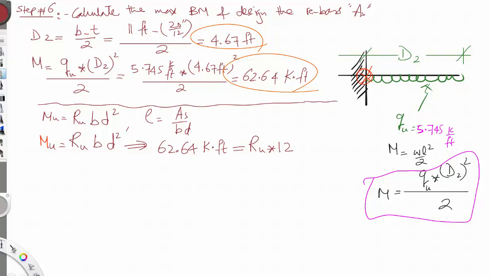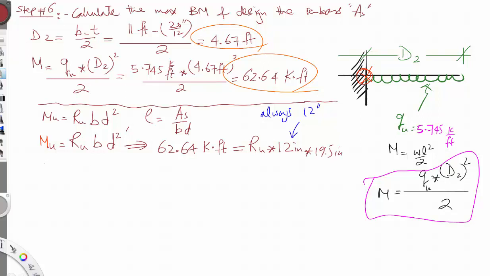Don't mix this, so this is always, maybe I'll put a note here, always 12 inches, and the depth is 19.5 inches.